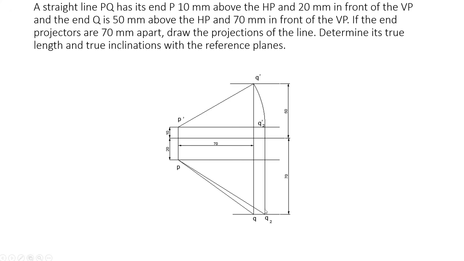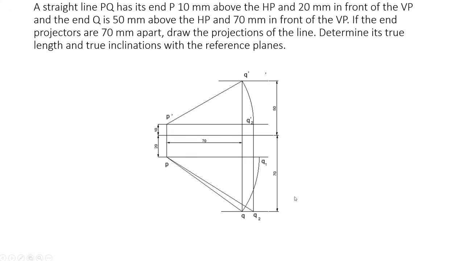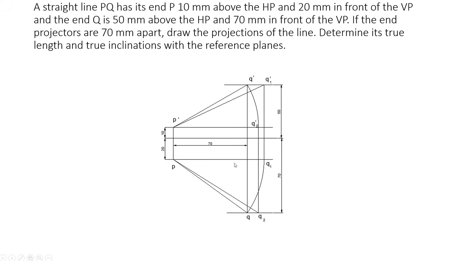Connect P to Q2. Similarly, with PQ as radius and P as center, draw an arc like this to meet the locus of P at Q1. Now draw a vertical line upwards from Q1 to the locus of Q dash and name that point as Q1 dash. Connect P dash Q1 dash and PQ2.